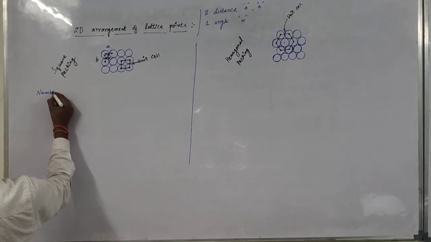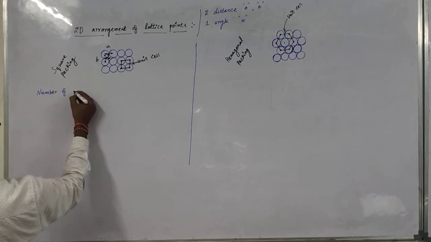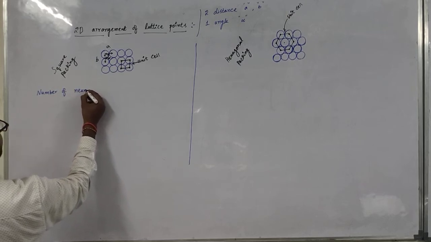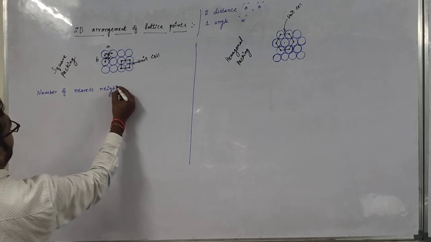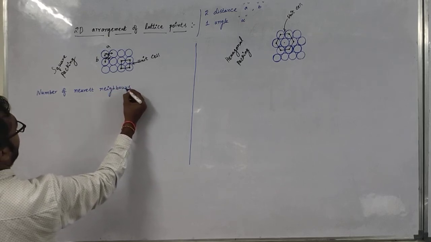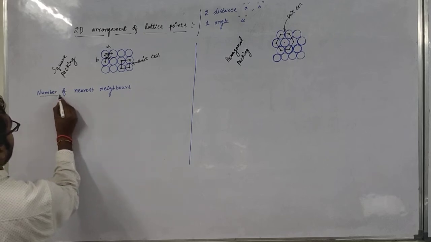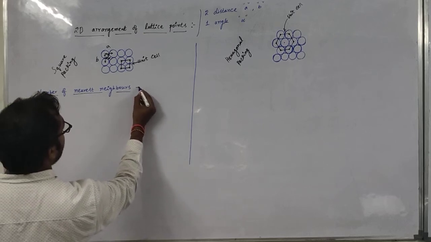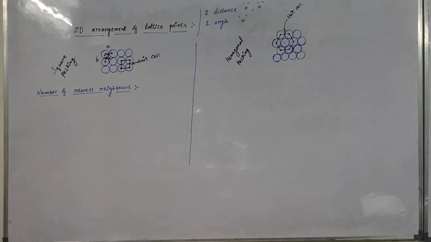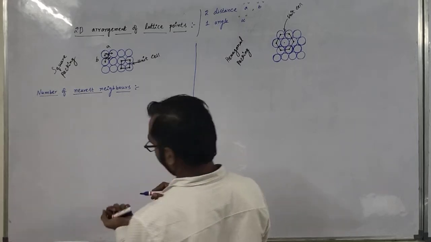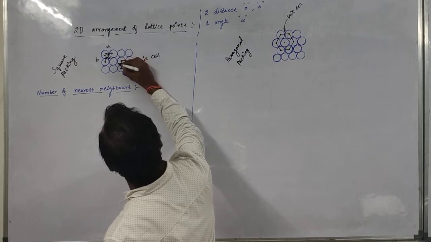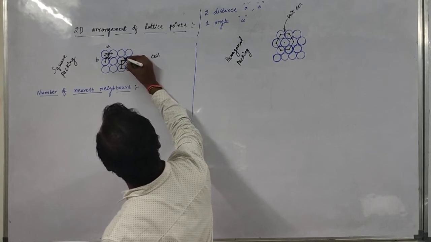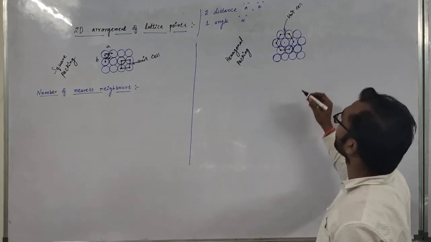Number of nearest neighbors. I need to calculate the number of nearest neighbors. If I consider this as one lattice point, how many nearest neighbors are there for that lattice point?